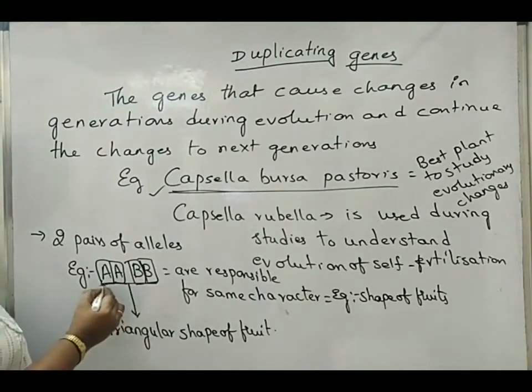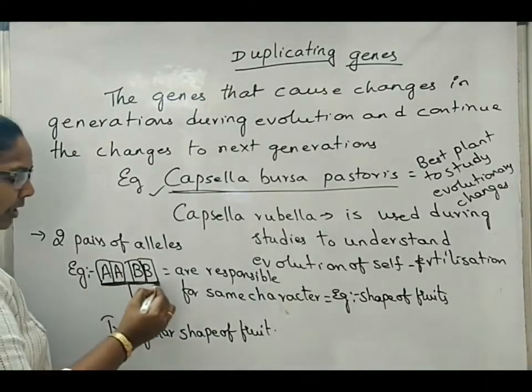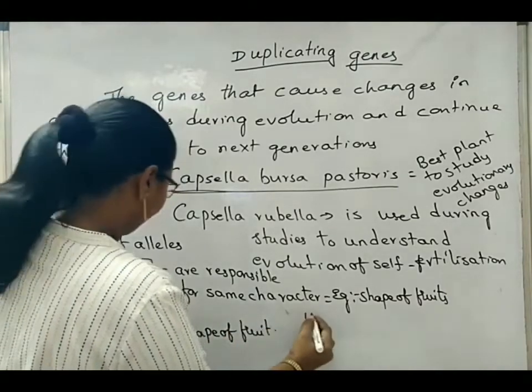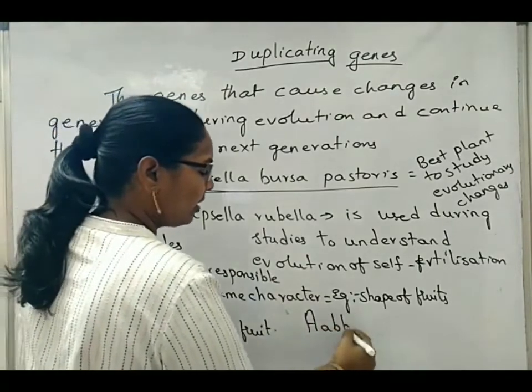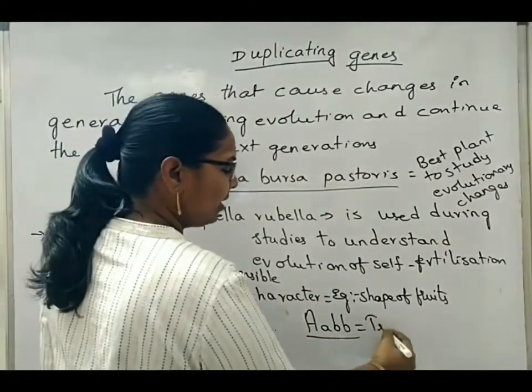It means that they are responsible for the triangular shape of the fruit in all these combinations. If one dominant allele is present and all the remaining alleles are recessive, then also the shape of the fruit will be triangular.